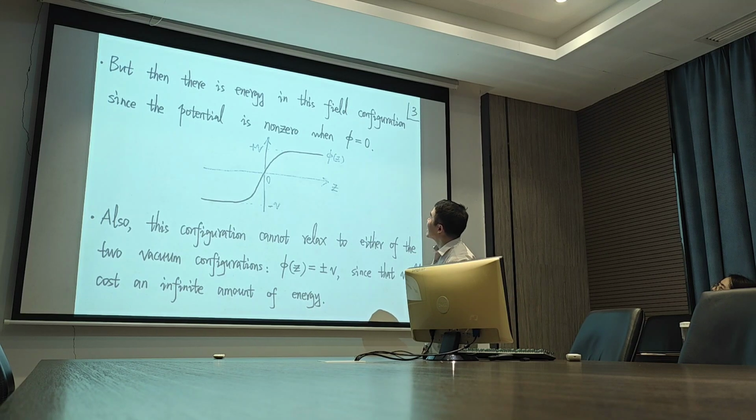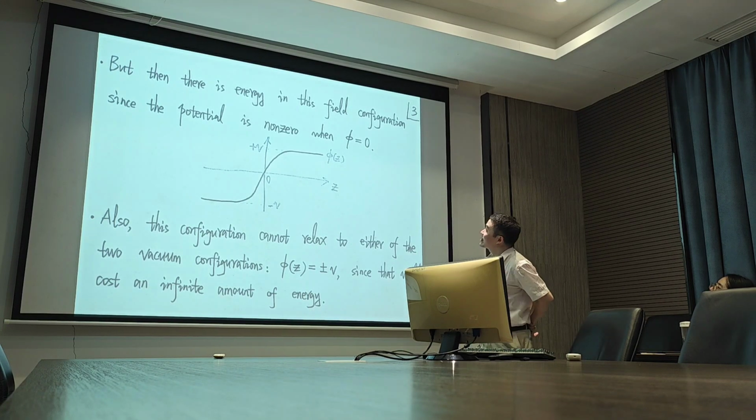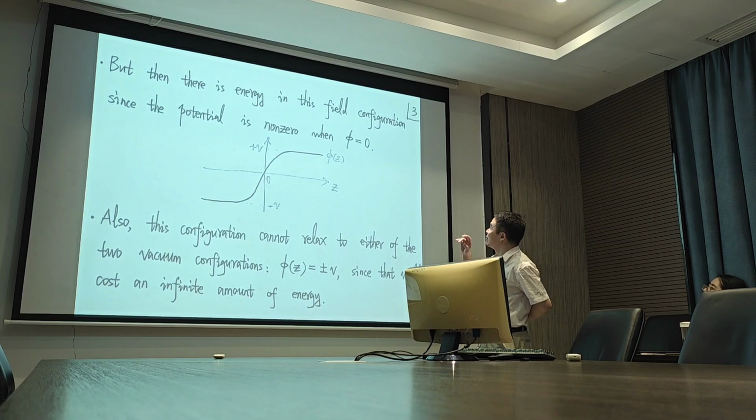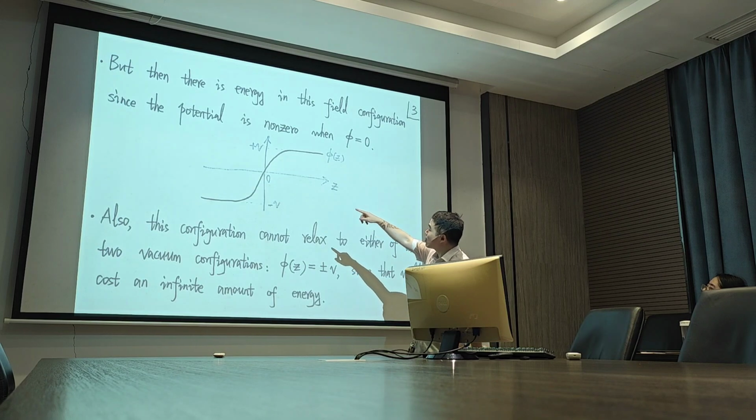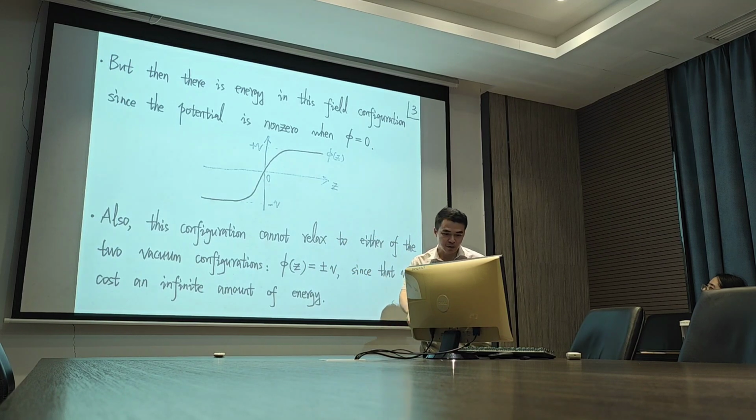We can choose phi to cross the horizontal axis at zero, at the origin. Then there is energy in this field configuration if we choose this boundary condition, since the potential is non-zero when phi is not equal to plus or minus v. When phi equals 0, the potential is non-zero.